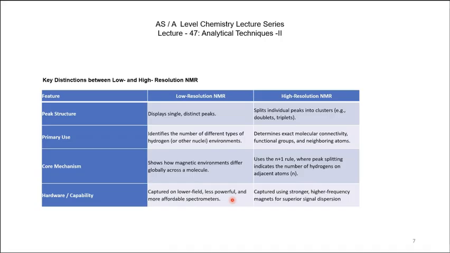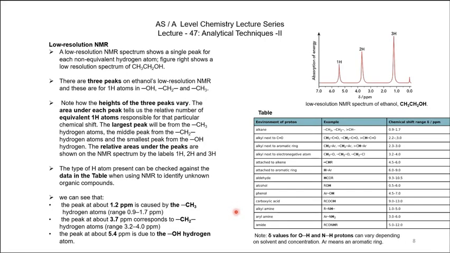One can have this in almost every laboratory, but in high resolution NMR spectroscopy, the magnetic field is much stronger, with higher frequency magnets for superior signal dispersion. So these are the main distinctions between high resolution and low resolution NMR. Okay, we take the next one.